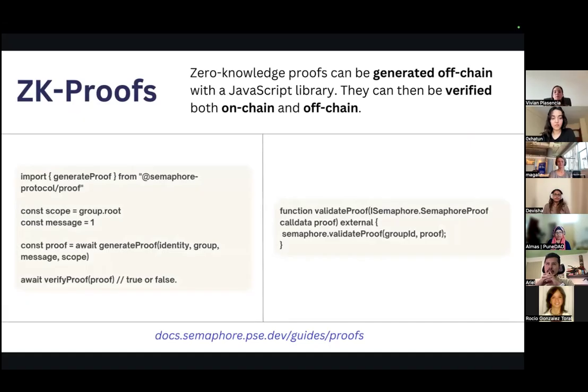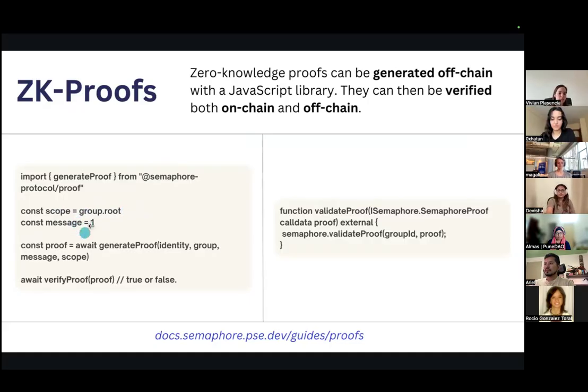The ZK proof can be generated off-chain with the JavaScript library, and then it can be verified both on-chain and off-chain. So in JavaScript, you can just import the package, and then this is the scope. Let's say in this case we are using the root, so that's the identifier of the proof.